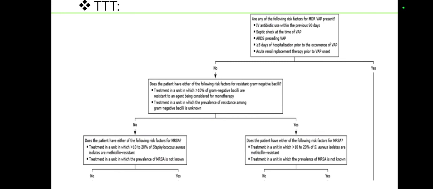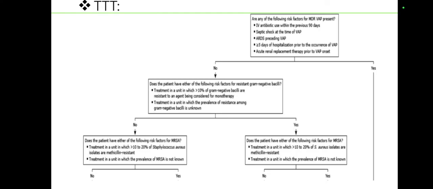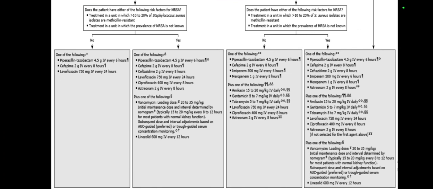If gram-negative bacilli and MRSA are negative, we will give, as a monotherapy, piperacillin-tazobactam 4.5 gram intravenous every 6 hours, or cefepime, a fourth-generation cephalosporin, 2 gram intravenous every 8 hours, or levofloxacin 750 milligram intravenous every 24 hours.